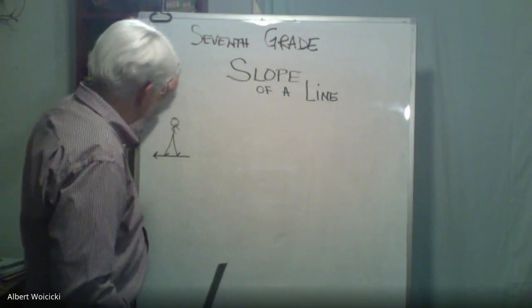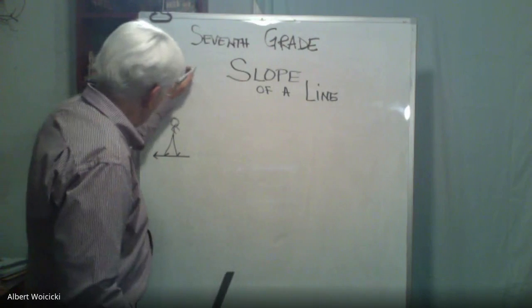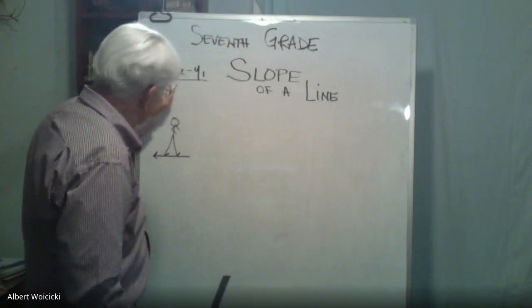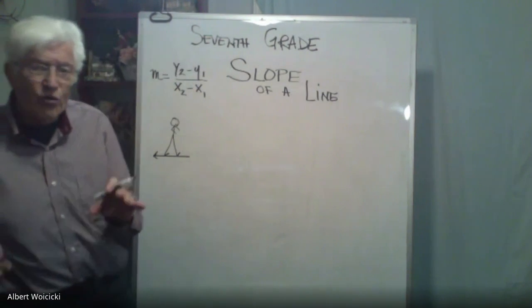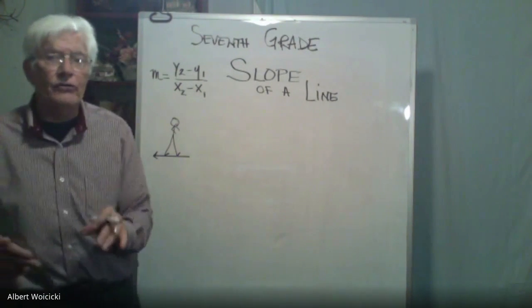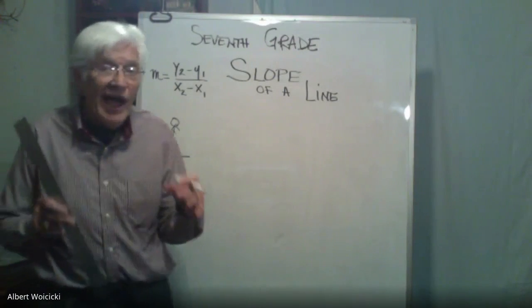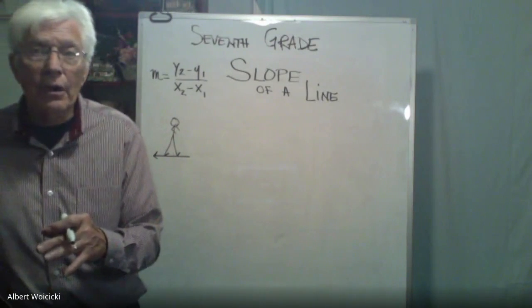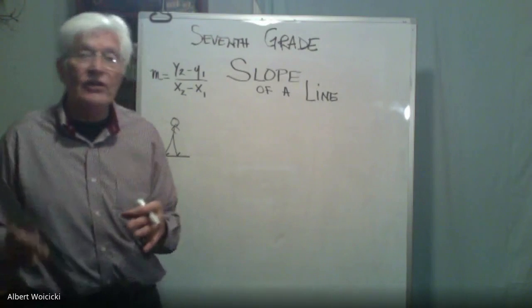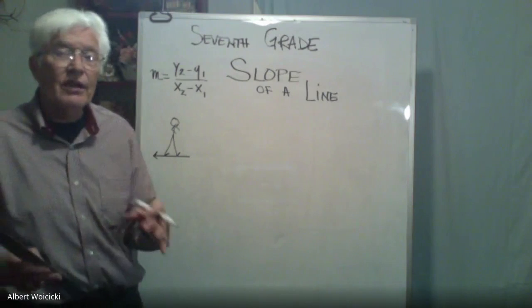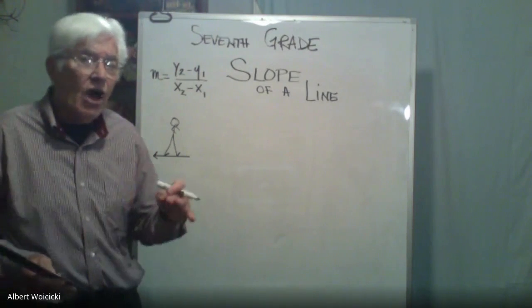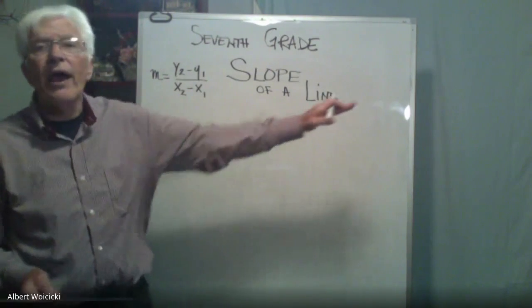So y2 minus y1 divided by the change in x. So it's a ratio of two things: how y changes as x changes.